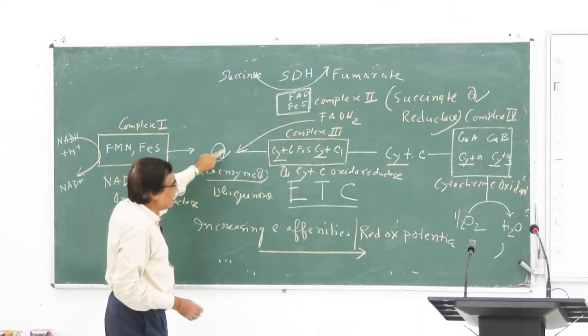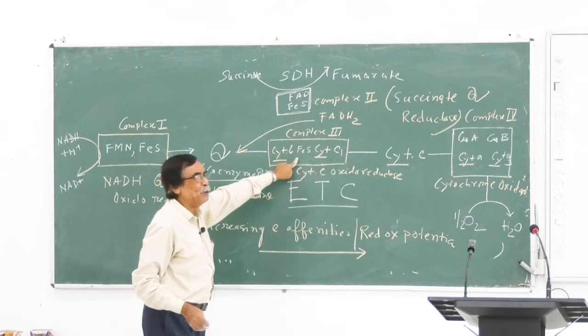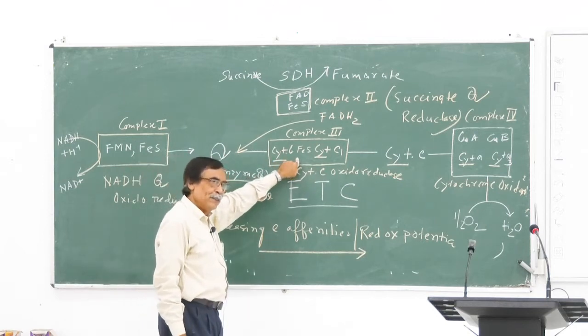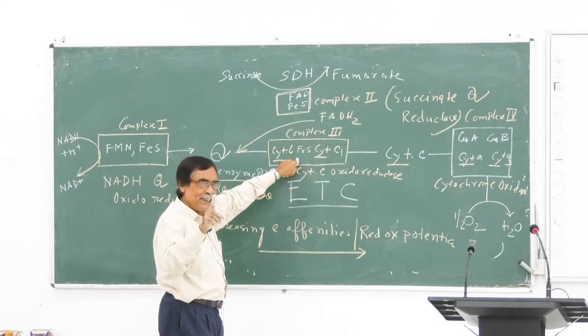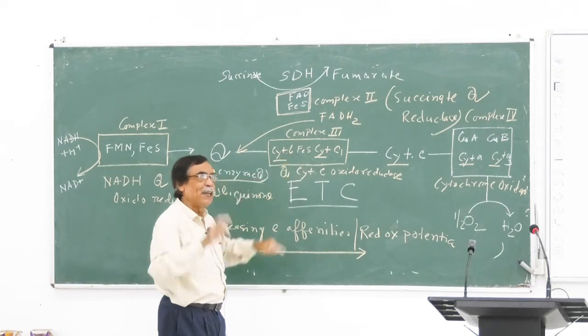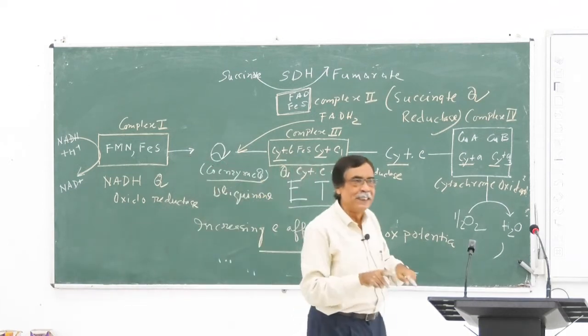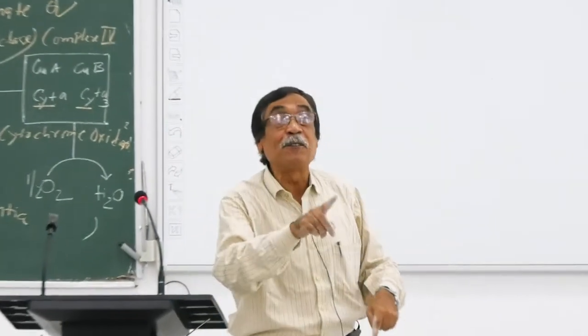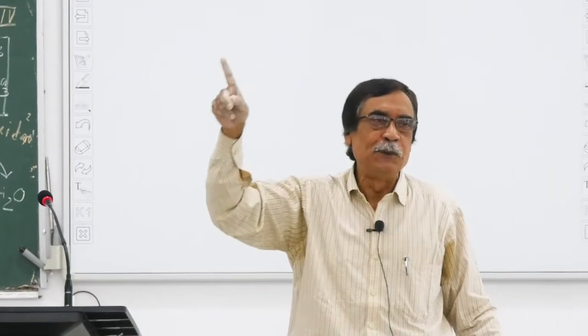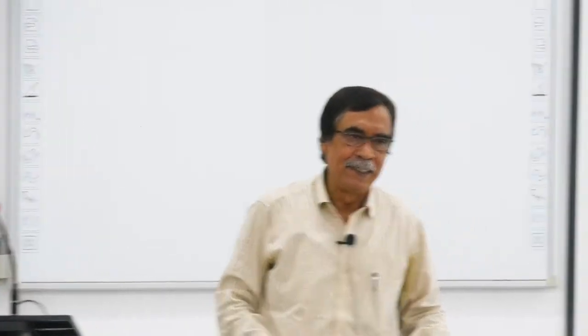It will get oxidized by passing its electron to this complex. Loss of electrons means oxidation, gain of electron means reduction. তাহলে একই সঙ্গে সাইমালটেনিয়াসলি অক্সিডেশন এবং রিডাকশন ঘটছে, এবং সেই জন্য ইলেকট্রনস আর ট্রান্সফার from NADH to final acceptor oxygen.